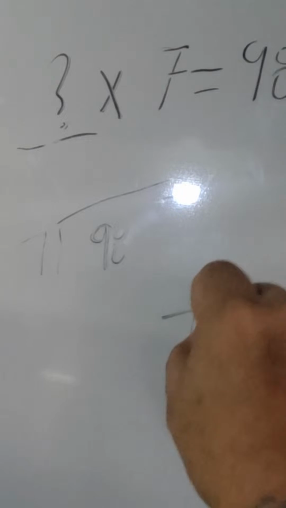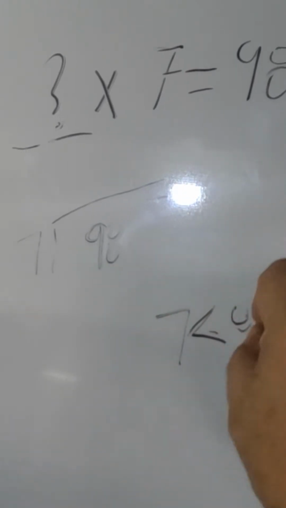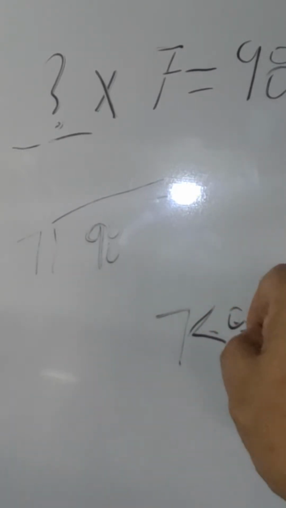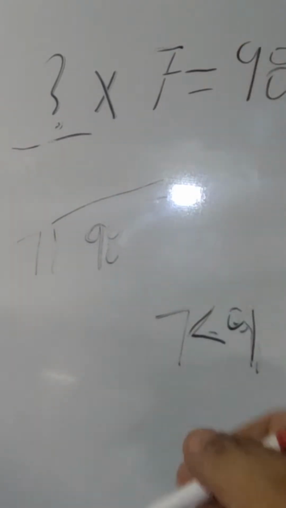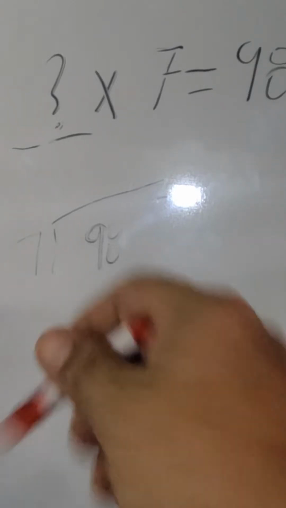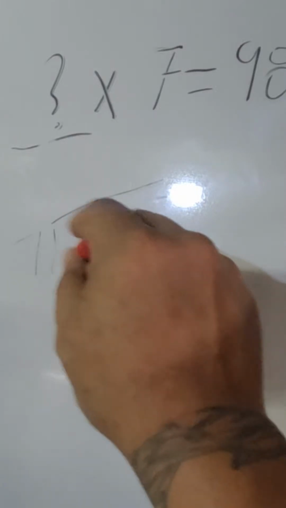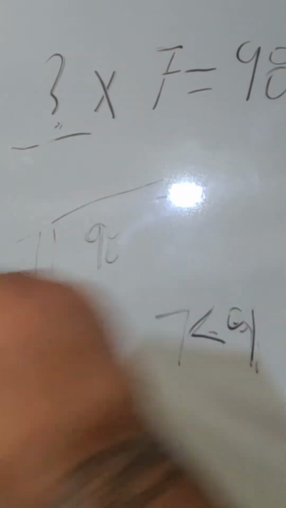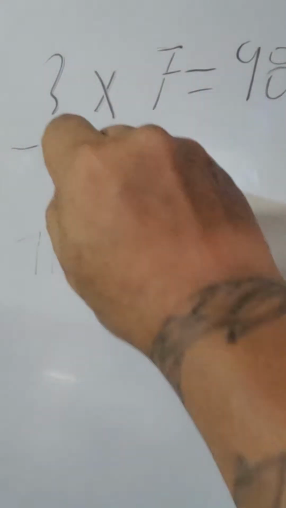The way the teacher taught me is the smaller number eats the bigger number, or the bigger number points at the small number. Whichever way you want to remember it. So 9 can be divided by 7 because it fits in there one time, because 2 times 7 is 14. So 1 time.